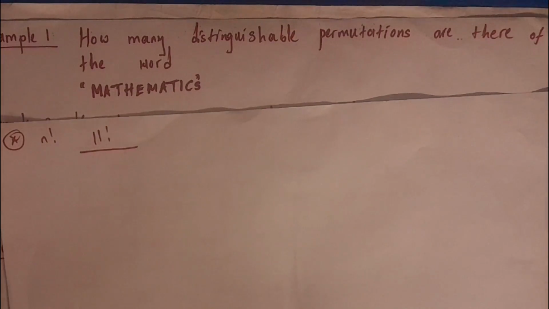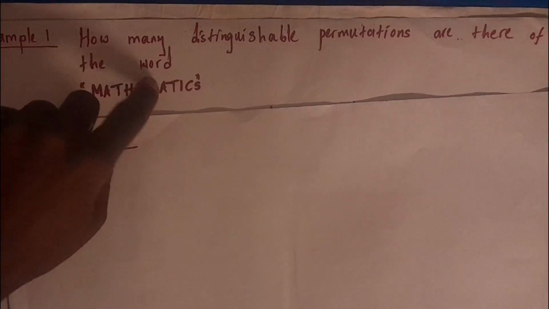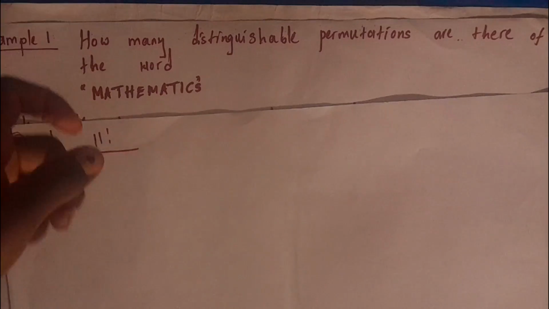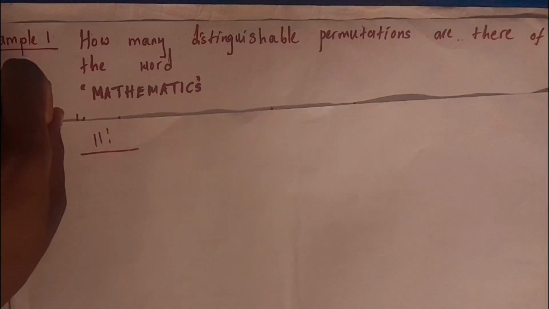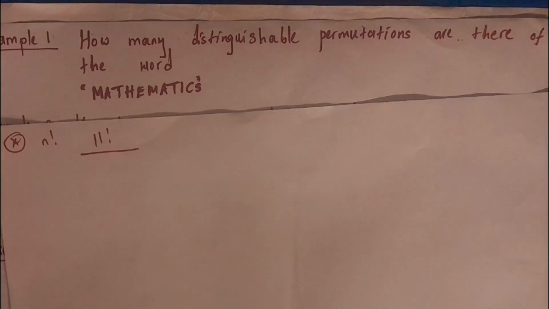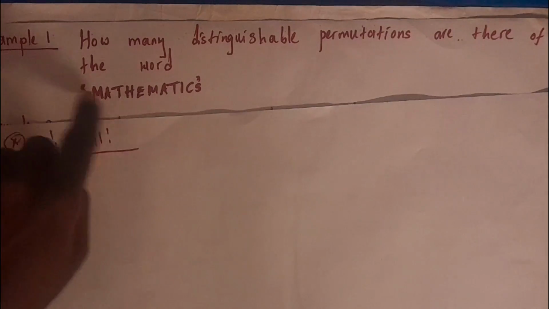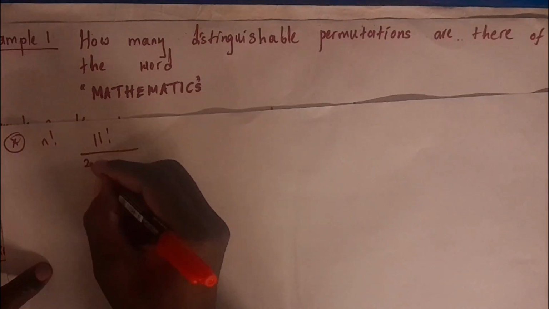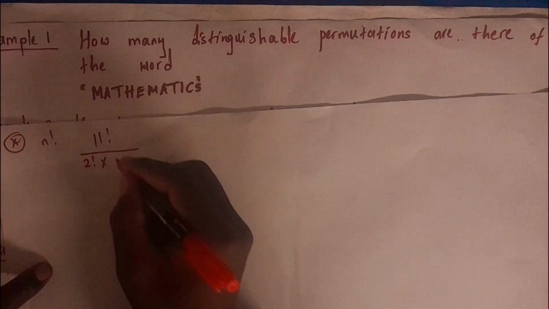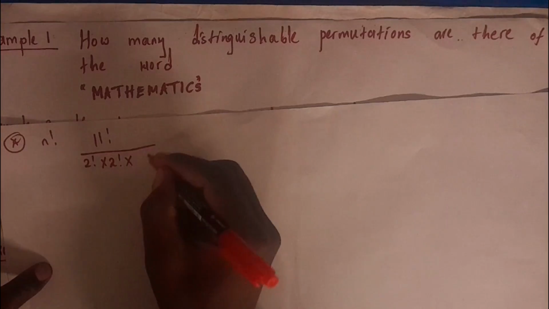So on the 11 factorial, we have included these repeated letters. However, these repeated letters form the same word. Like this M, when we take this M again, it forms the same letters, and this T also forms the same letters as the other T, and likewise with the A's. So to solve this, we divide by the factorial of the number of repeated letters. On M, we have 2 repeated, on A, 2, and on T, 2.